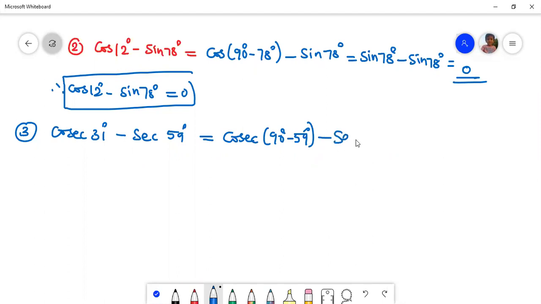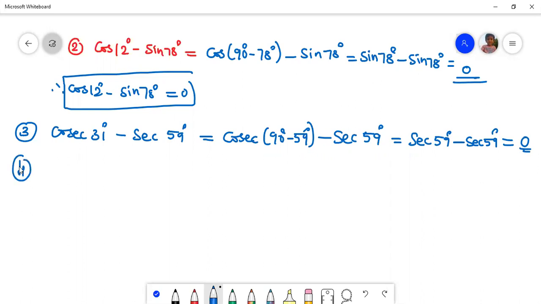The second term you write as it is, secant of 59 degrees. And you know that from the complement angle of the right angle triangle, cosec (90 minus x) degrees equals secant x degrees, that is secant 59 degrees minus secant 59 degrees. It is also 0.